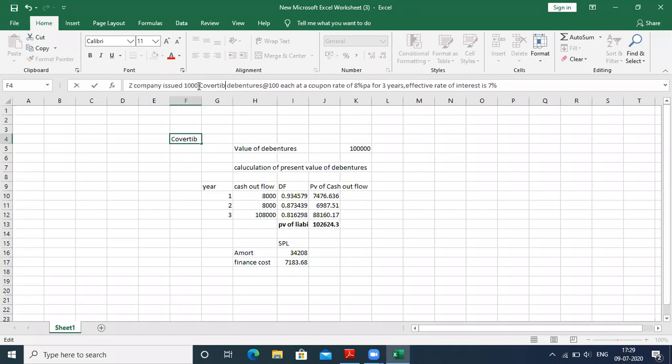Z company issued 1,000 convertible debentures at the rate of 10 each at a coupon rate of 8% per annum for 3 years, and the effective rate of interest is 7%.